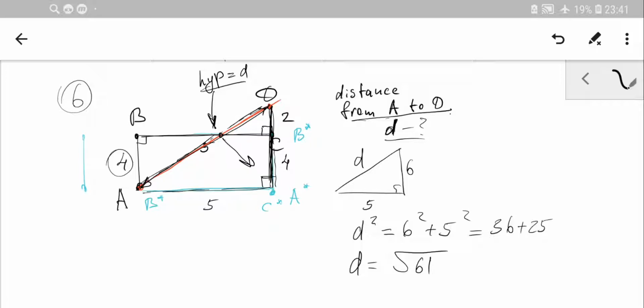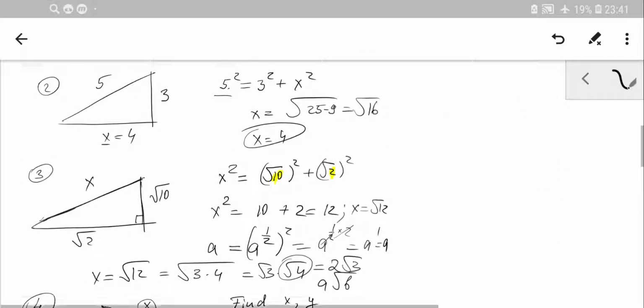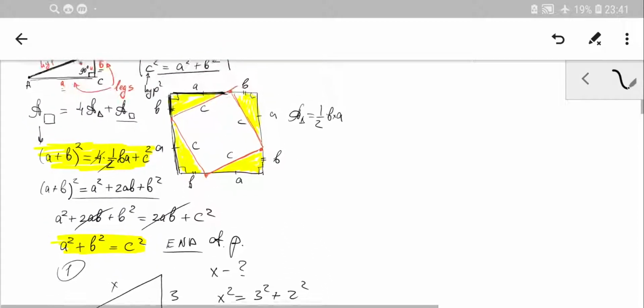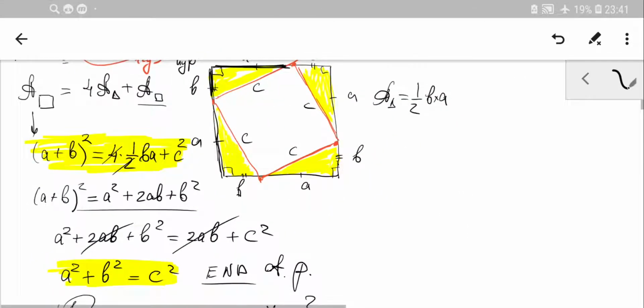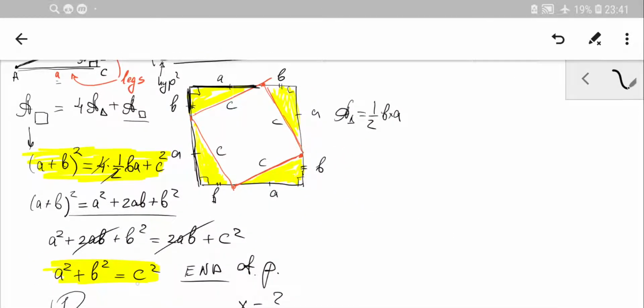Okay, and the last thing, how to use Pythagoras: always write this rule. The rule that connects the long side, the hypotenuse, with the two legs. And even if you have one leg unknown, don't hurry.